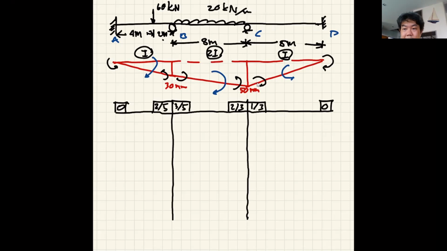Now this time, yeah, you must believe in superposition, right? So I have the fixed moment. This is equal to 20 minus 26.7. This is 53.3. I think I may have made a mistake here.